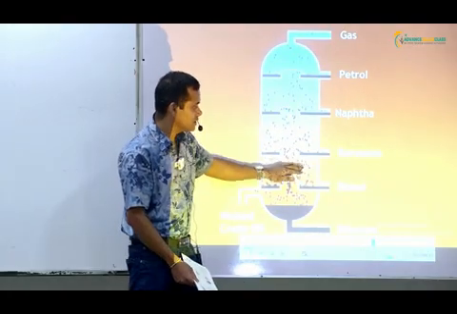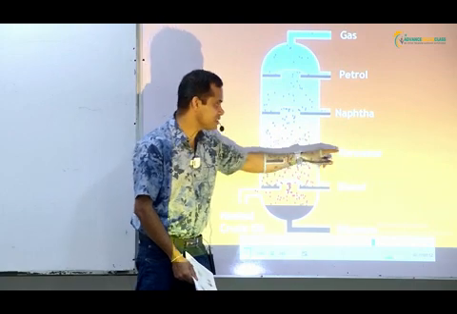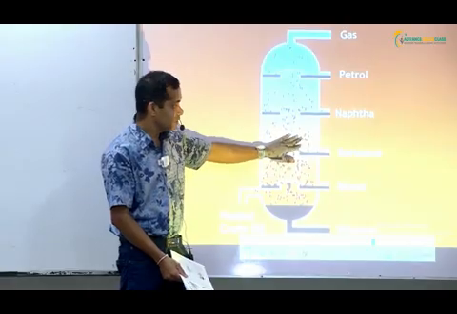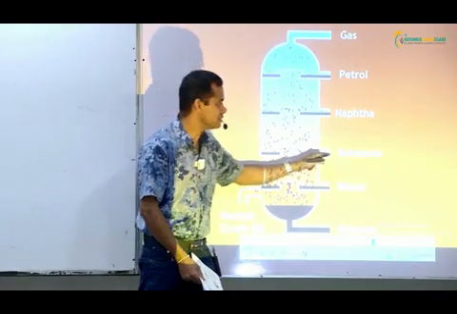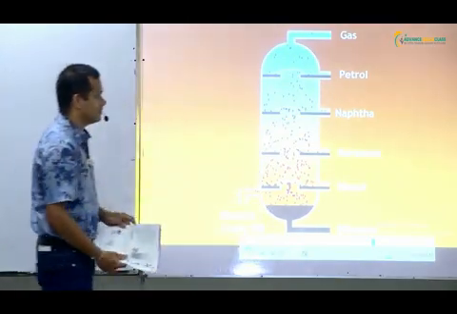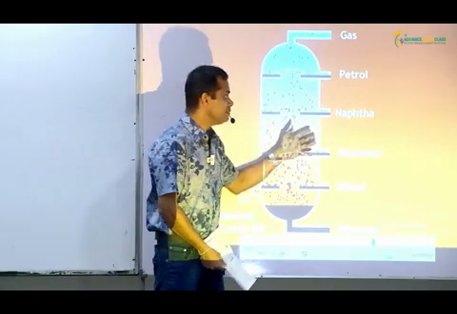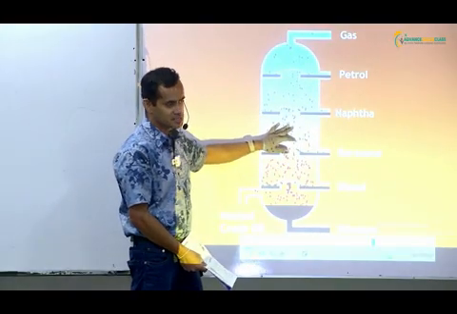Here the boiling points of all the others are available, so they are gases. They come to this level, and at this level kerosene can't find its boiling point. Here present, here absent. Then kerosene turns to liquid and comes out. In this part, the boiling points of naphtha and petrol gases are available, so they are still in gaseous state.